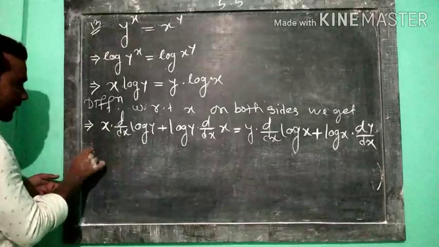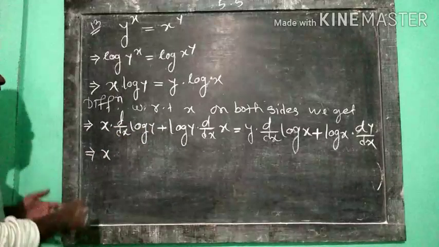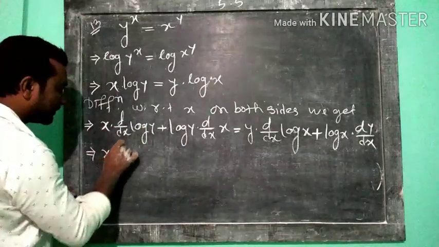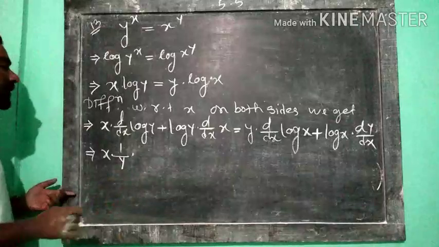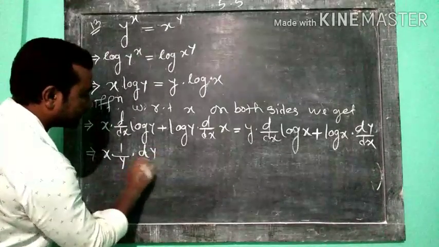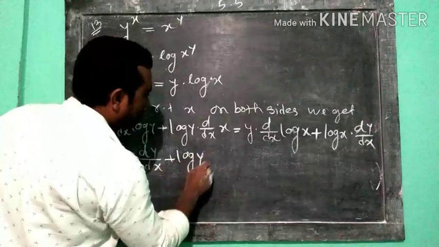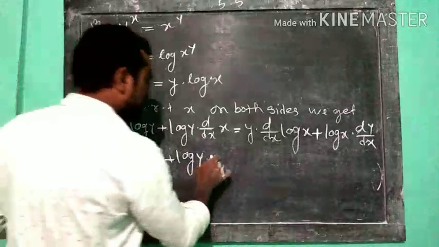This implies x into d/dx of log y, which is 1 by y into dy/dx, plus log y, d/dx of x is 1.